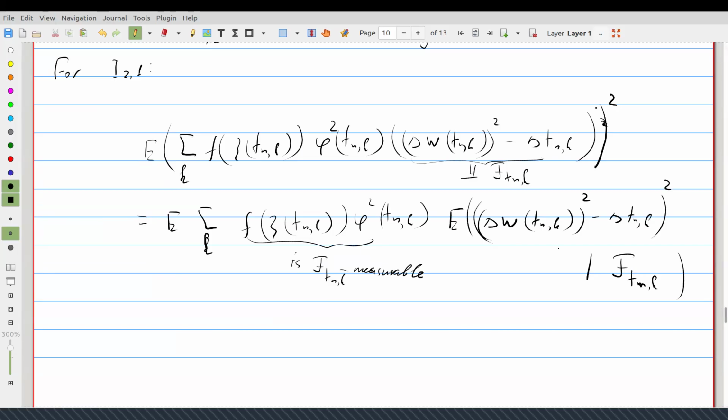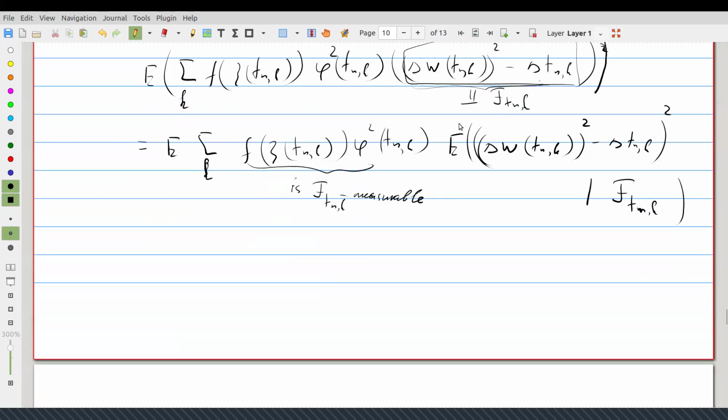Cross terms will disappear because the mathematical expectation of this expression is just 0. For cross terms, we will be considering products of such differences for different k, and because of exactly the same reasoning we used earlier, they are going to be 0.